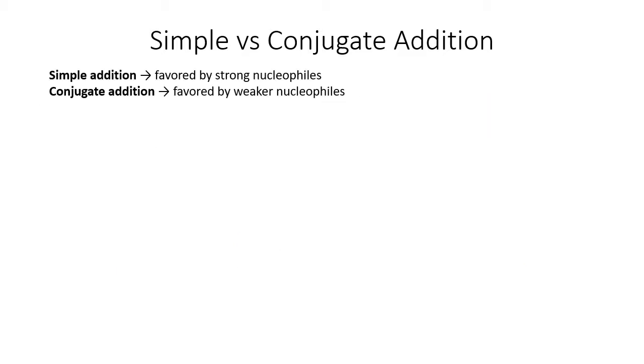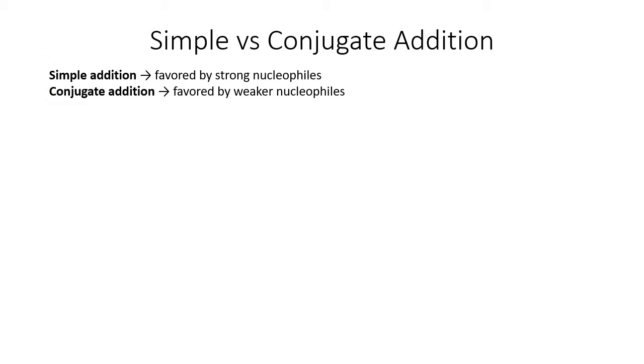Now the way that we can predict whether an alpha-beta unsaturated carbonyl is going to undergo simple versus conjugate addition is by looking at the strength of the nucleophiles. In general, simple addition is favored by strong nucleophiles, such as Grignard reagents, whereas conjugate addition is favored by weaker nucleophiles.